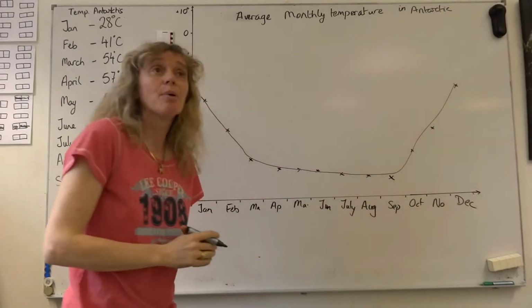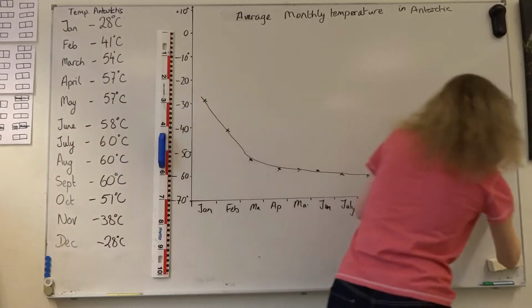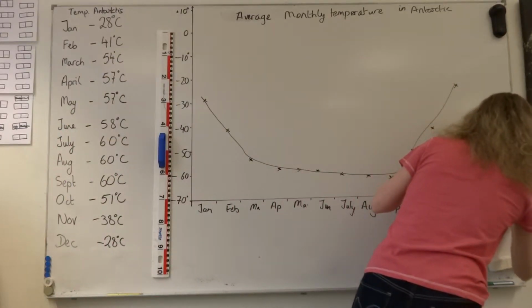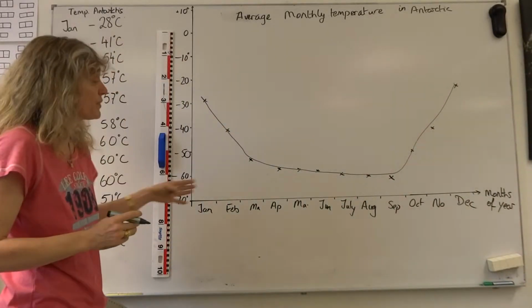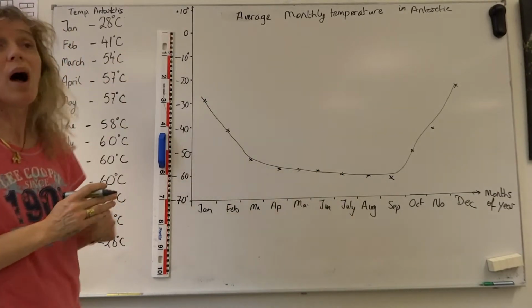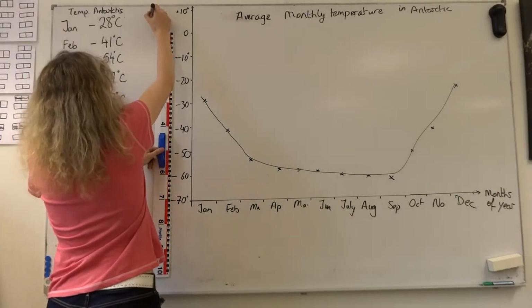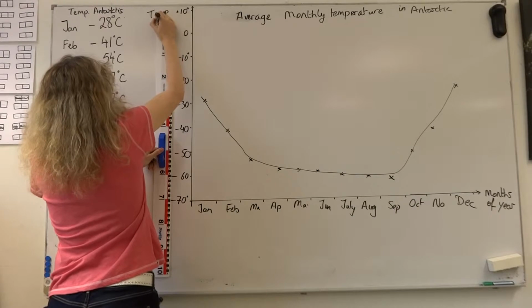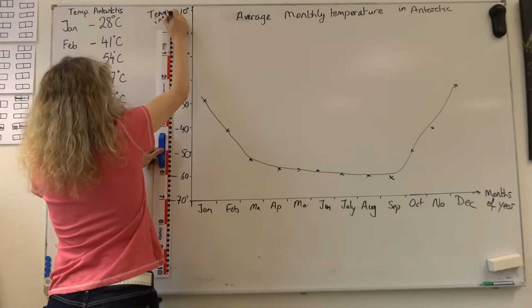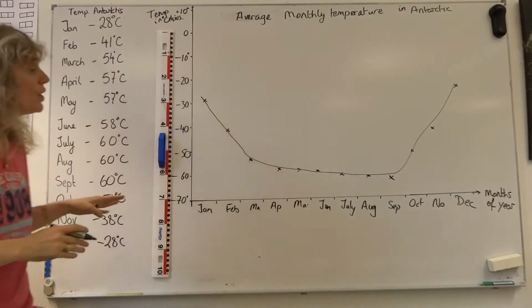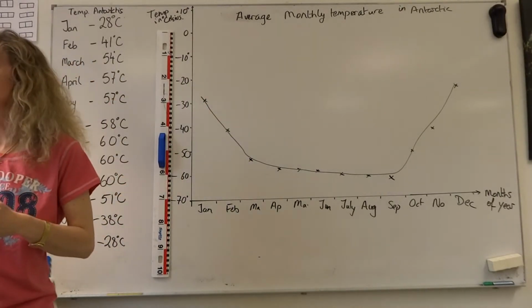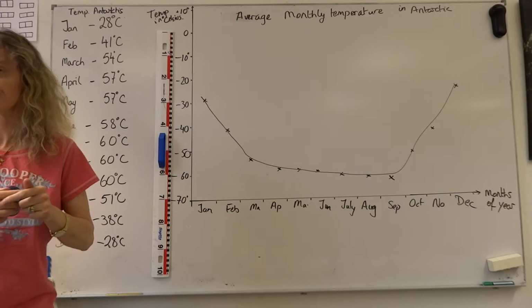Then we have to label our graph. The x-axis is represented in months of the year. The y-axis is temperature in degrees Celsius. Okay? So that's how we would be expected to present the graph.